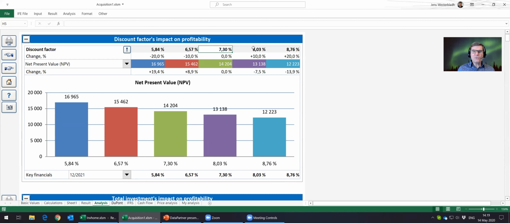What if we would use a higher discount rate? What would we then be willing to pay? Let's put 8.5 and 10 and 7 and 6 and then press exclamation mark.